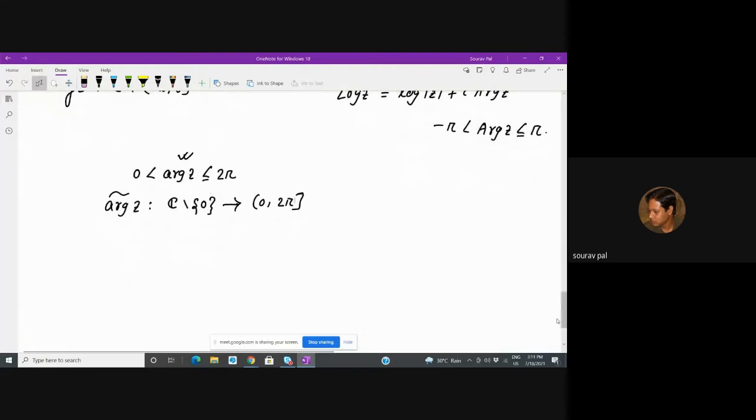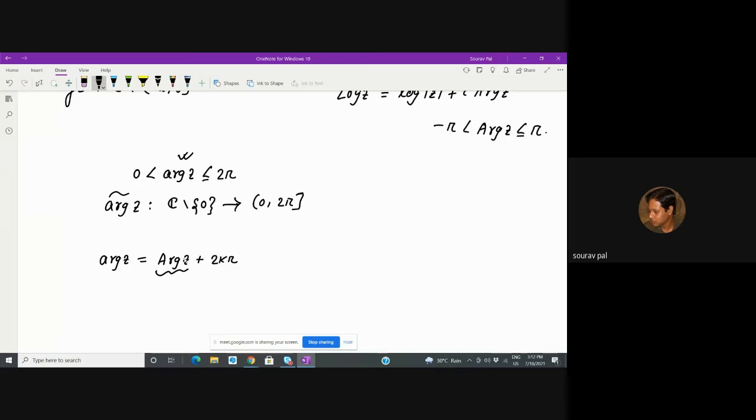Now, whatever argument you choose, it does not matter. We are interested in what are the values of arg z. It's a multi-valued function. We have seen that this is arg z plus 2k pi. So in terms of this function, we obtained all the values of the argument of z.